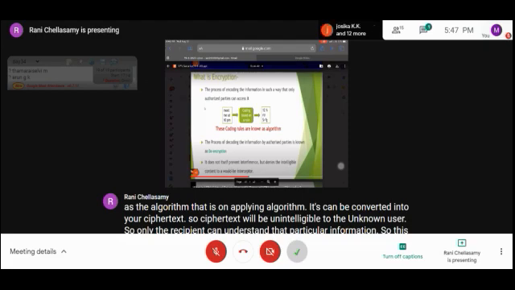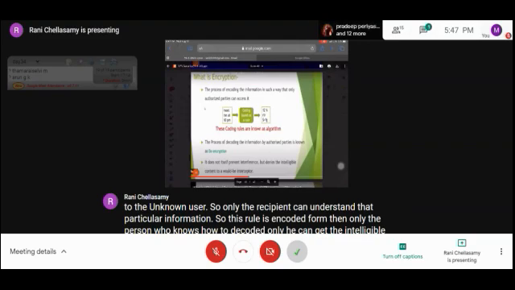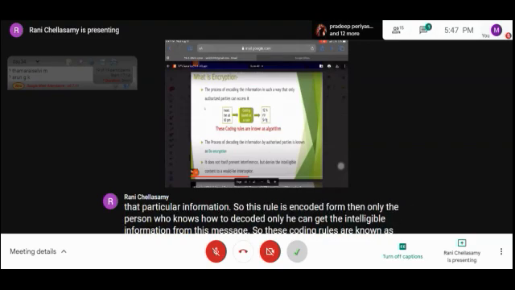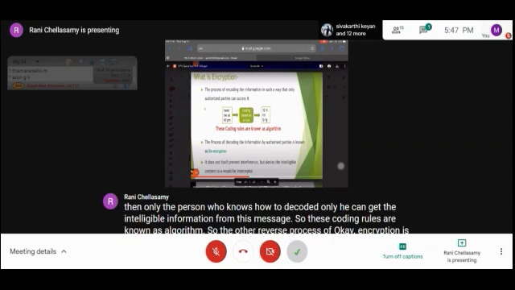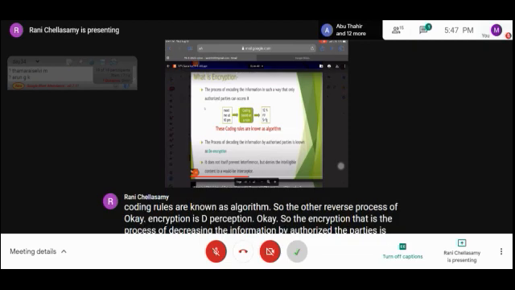These coding rules are known as algorithms. The reverse process of encryption is decryption, the process of decoding the information by authorized parties. It does not itself prevent interference, but it can block the intelligible content from the interceptor.